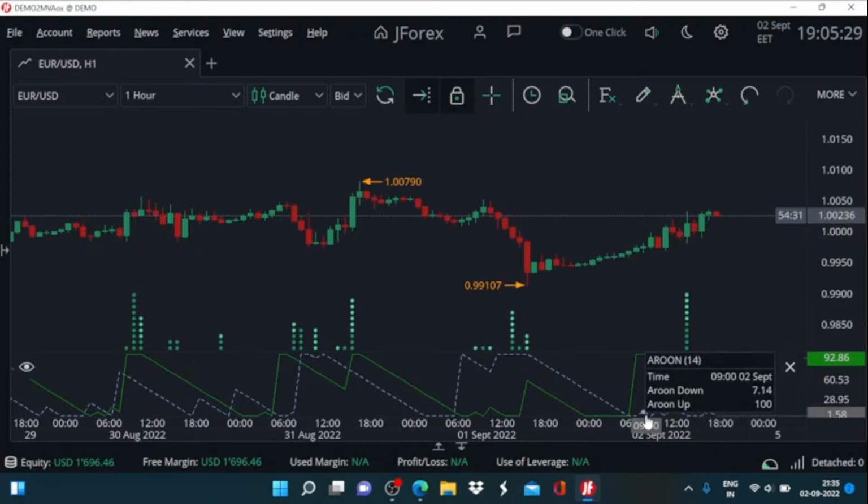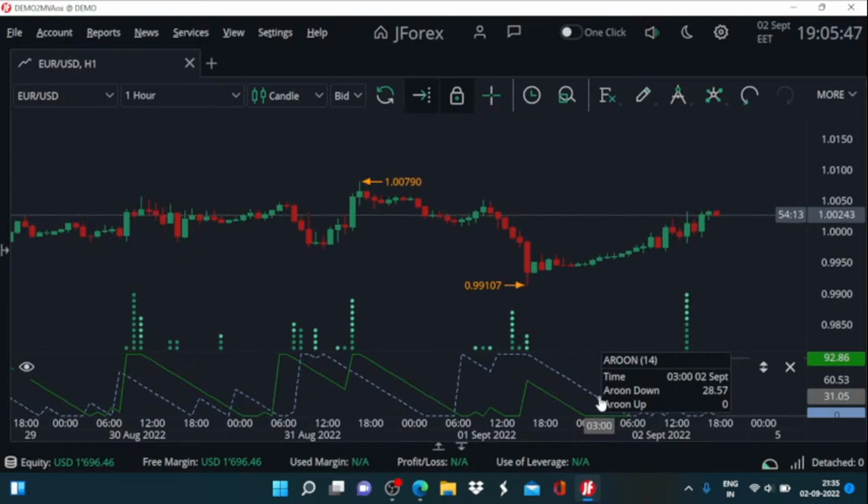So the indicator gives you a relative idea of what is the near-term trend and how much time has passed since the recent high or recent low was formed, and accordingly you can make your trading assessment.